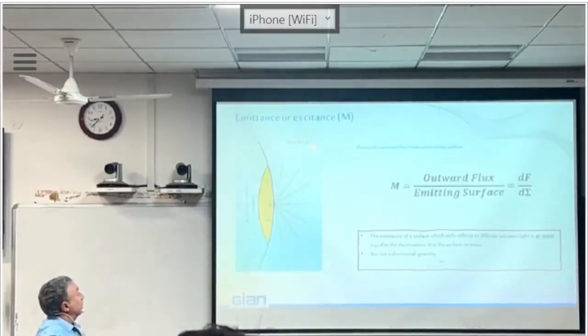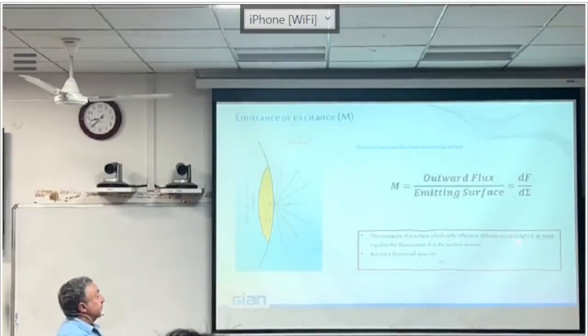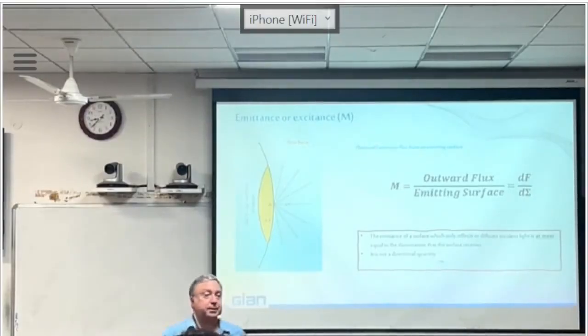The excitance or emittance is the outward flux per unit of emitting surface in that time. And this emittance M is at most equal to the illuminance of the surface received.